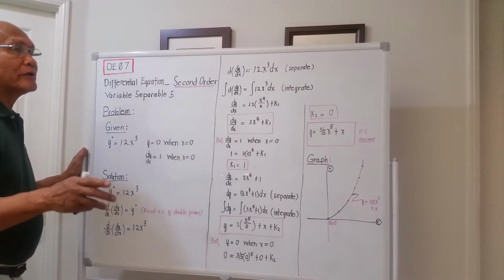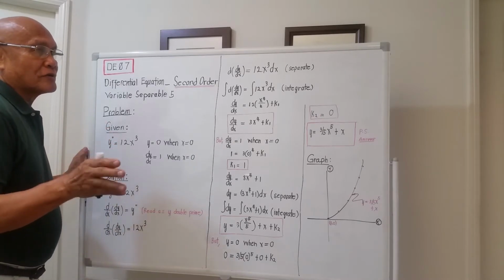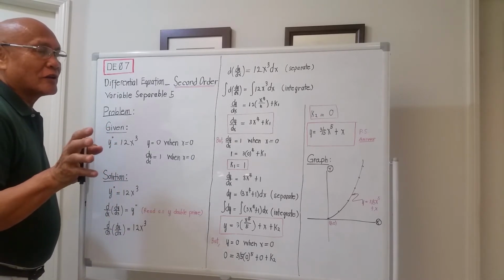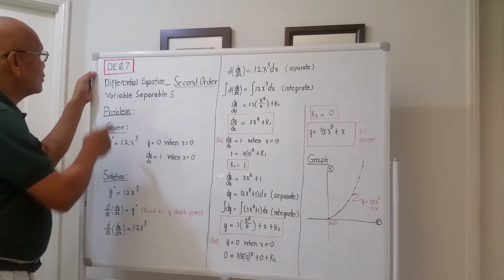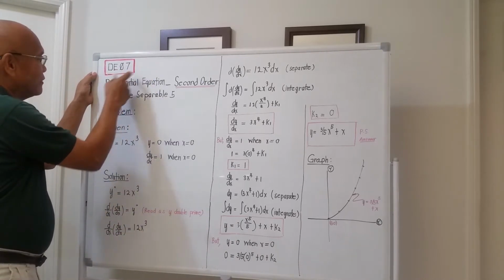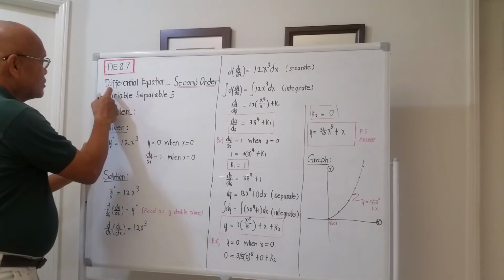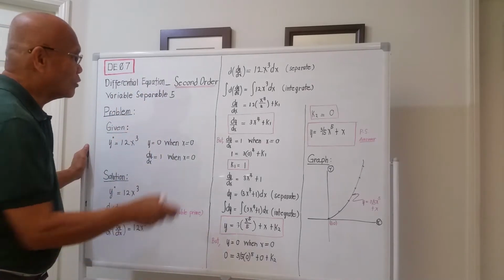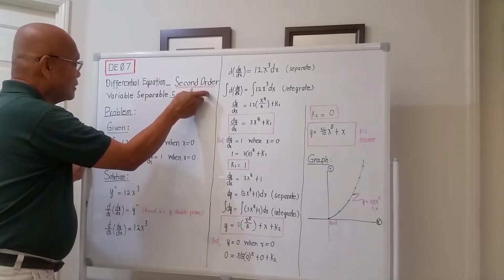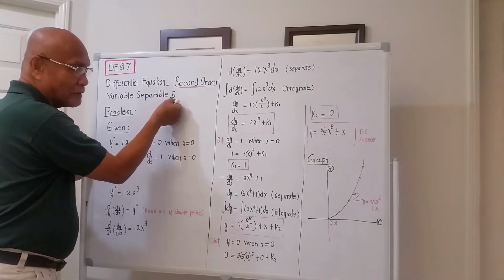My topic on my channel under the differential equation course is now DE07, differential equation 07. For this afternoon, it will be second order, still variable separable, number 5 over here.